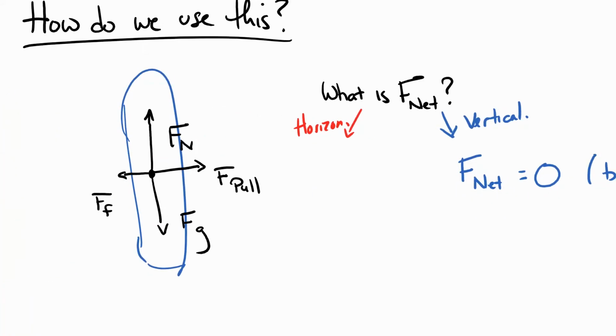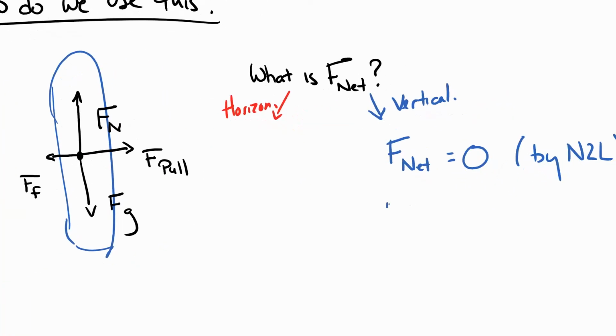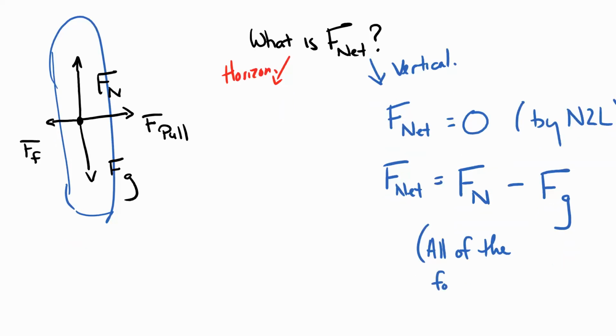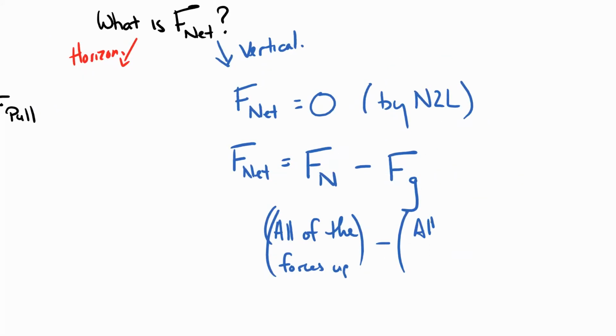I can also look at this and say, the net force in the vertical direction is the normal force minus gravity. Because in general, it is going to be all of the forces up minus all of the forces down.